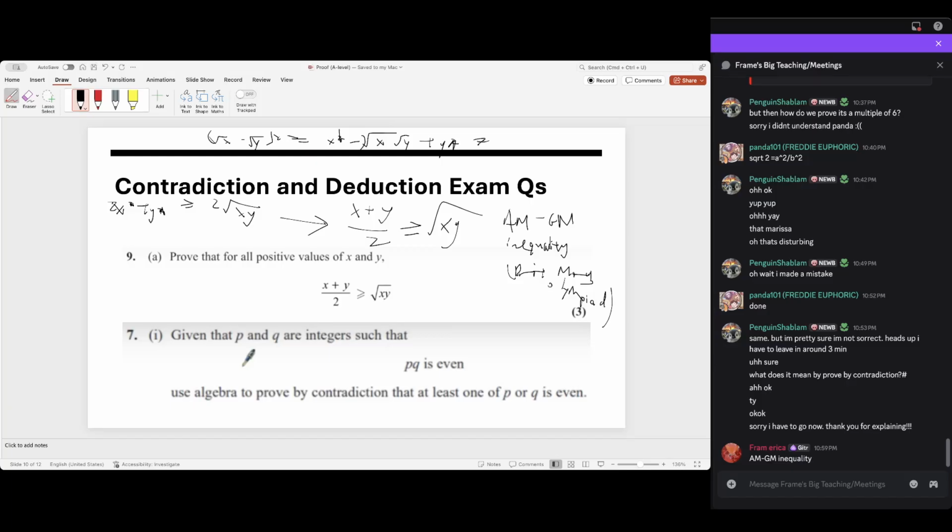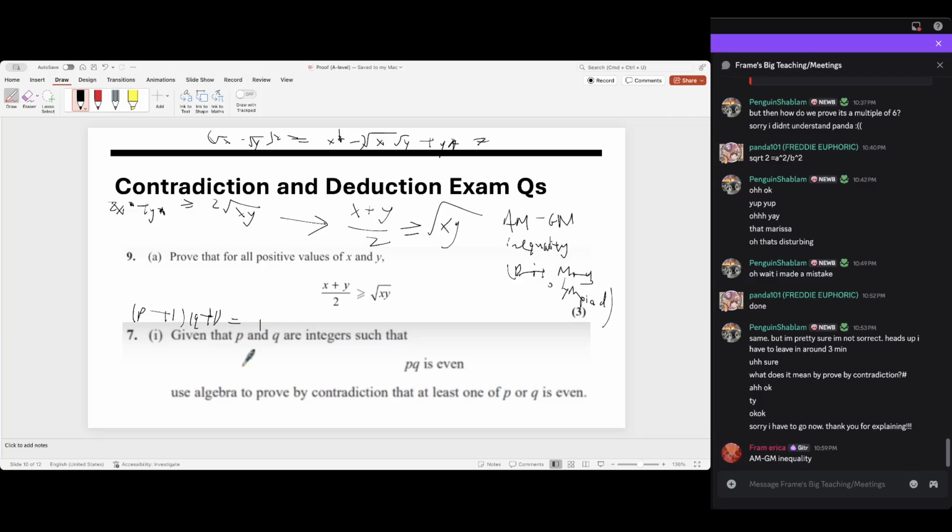And given that PQ is even, at least one of P or Q is even. Let's say that none of them are even. Is that add 1 or minus 1? Adding 1.